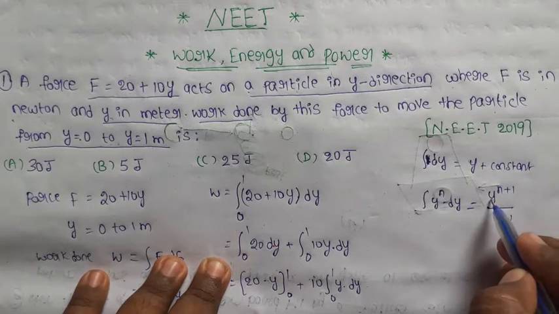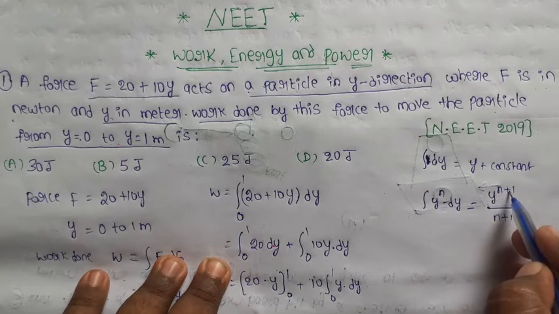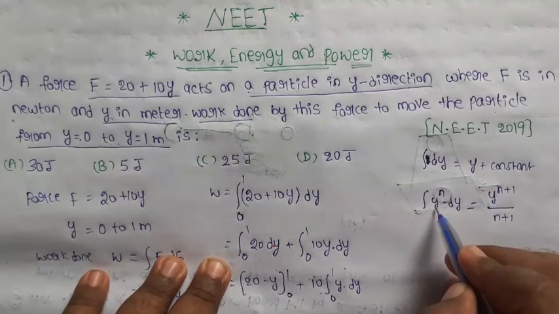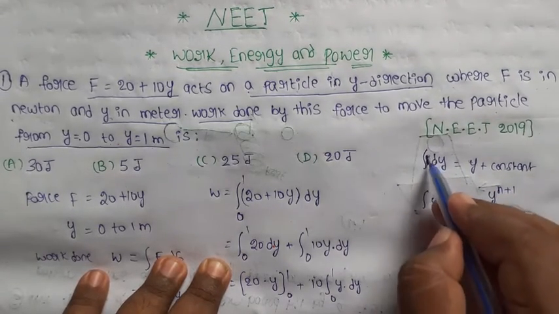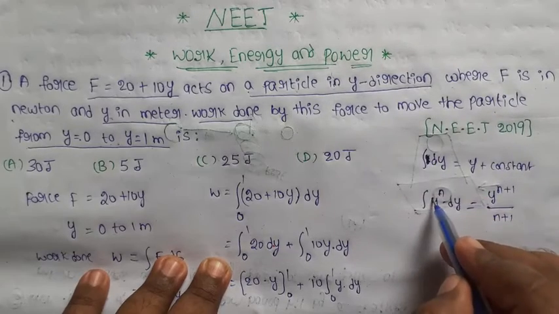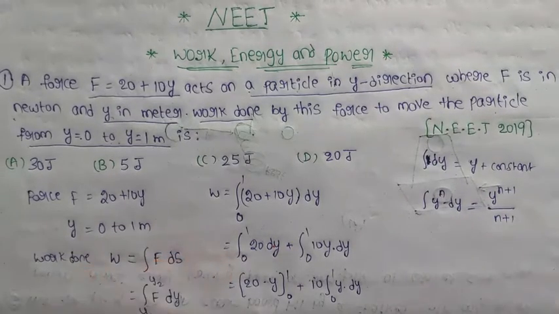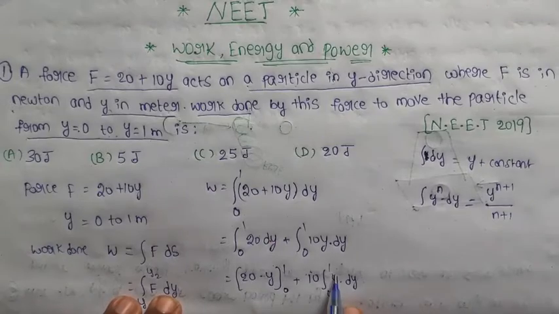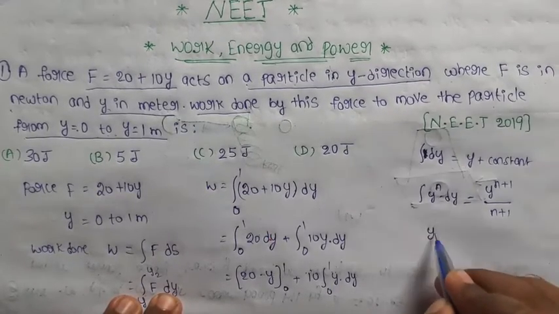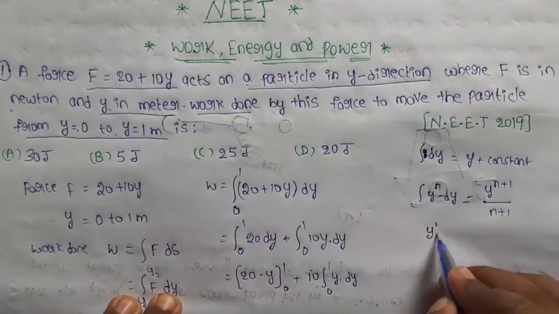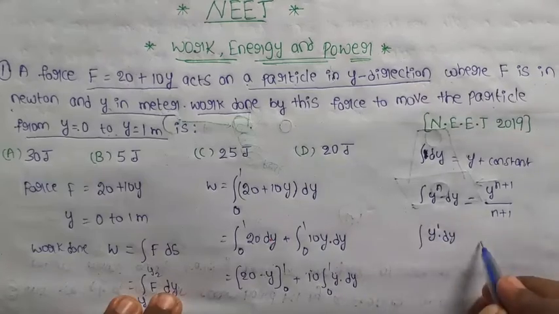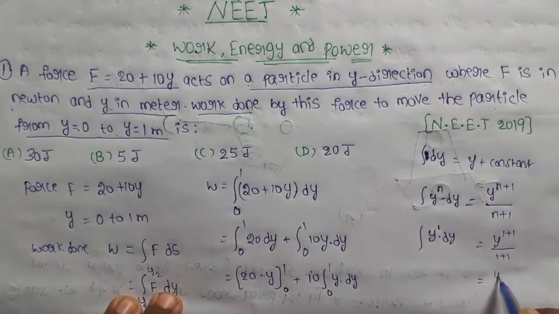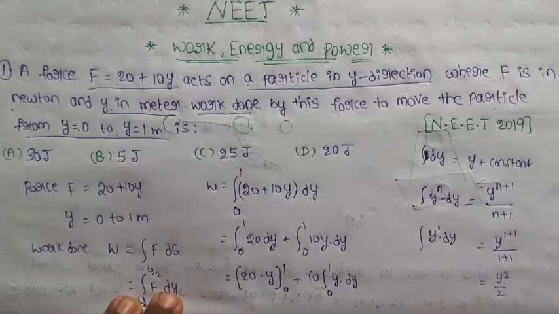So here n value is 1. I am going to substitute y power 1 into dy, integral of y power 1 plus 1 by 1 plus 1, so y square by 2.